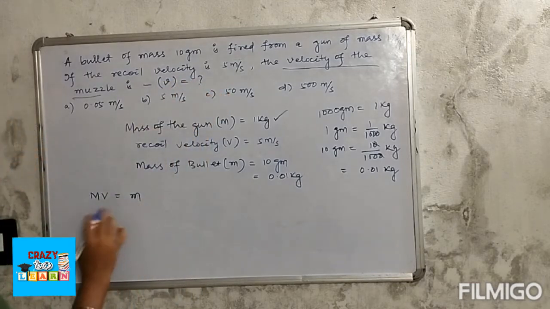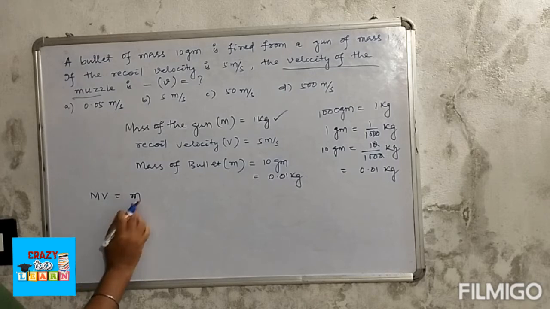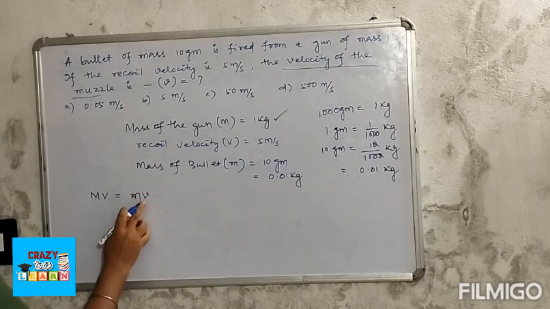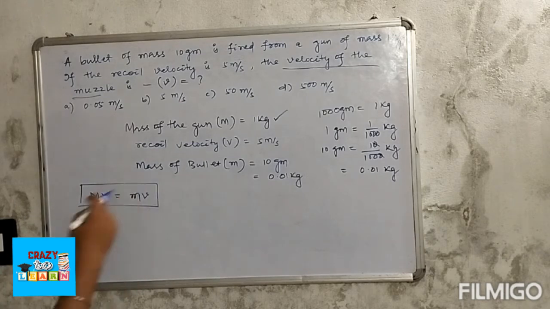So the mass of the gun into the recoil velocity of the gun is equal to the mass of the bullet into the velocity of the muzzle. This we get from the law of conservation of momentum. Now put the values.